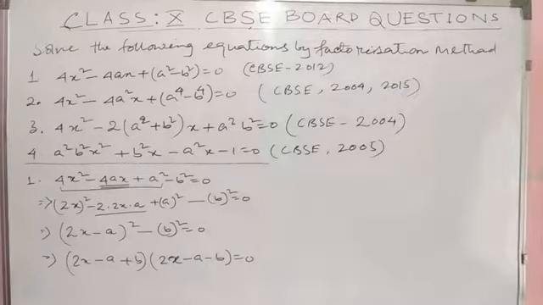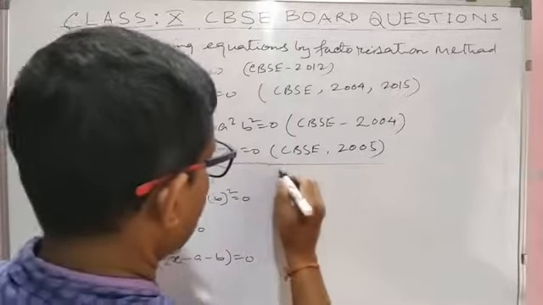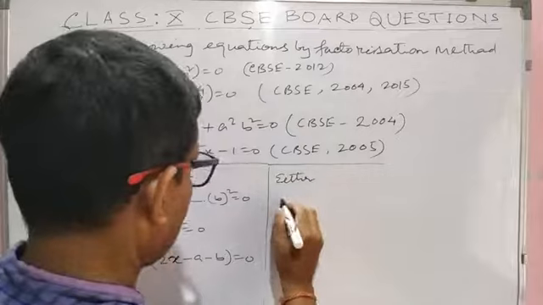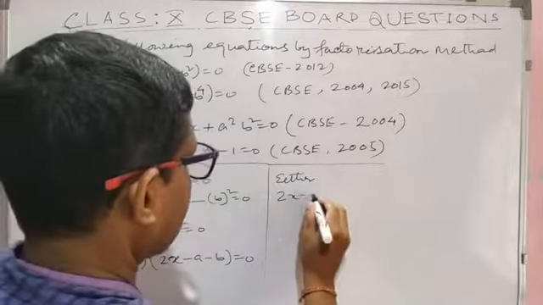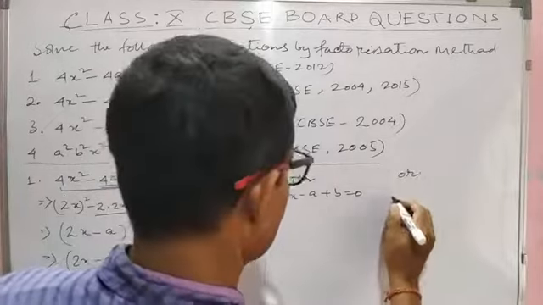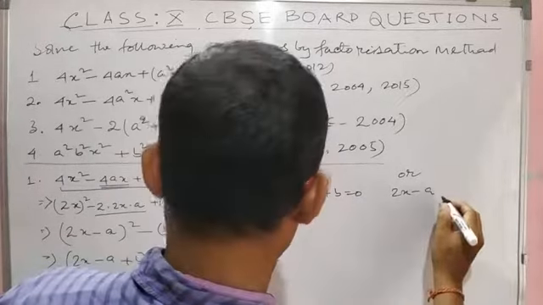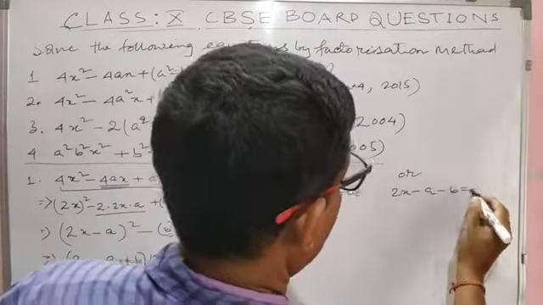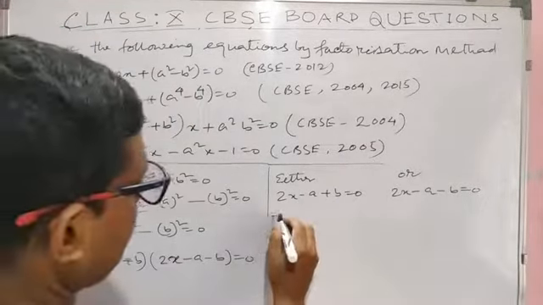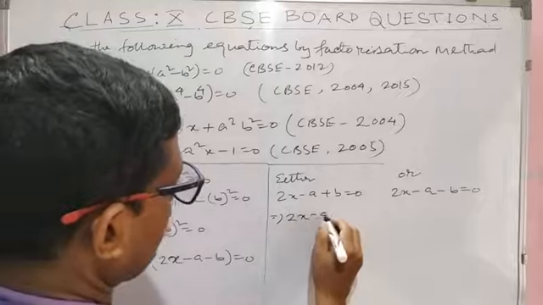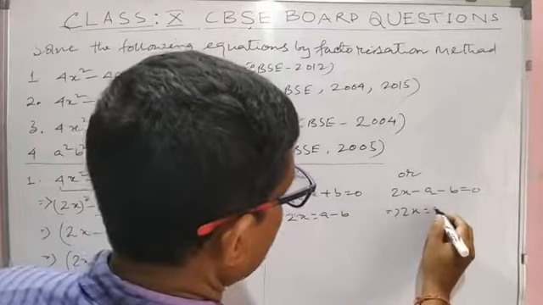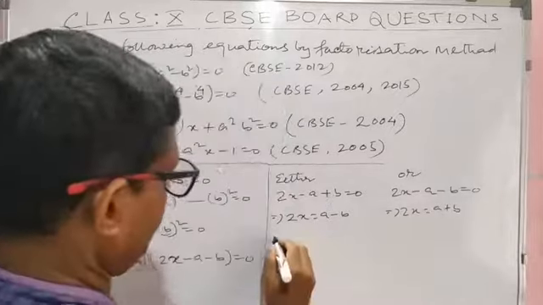Now we can do either or. Either 2x minus a plus b equal to 0 or 2x minus a minus b equal to 0. This implies that 2x equal to a minus b, and this implies that 2x equal to a plus b.